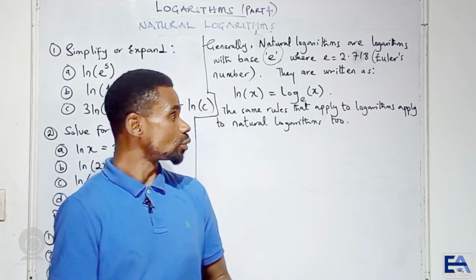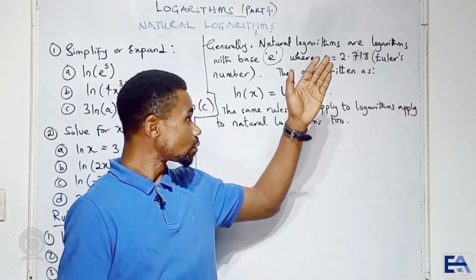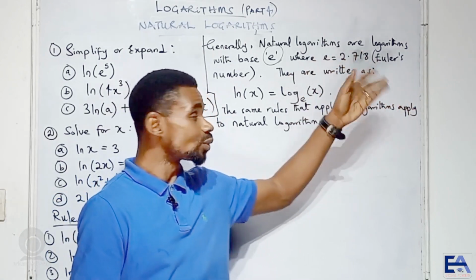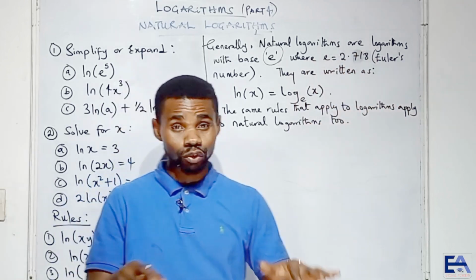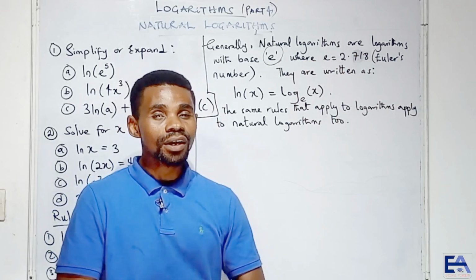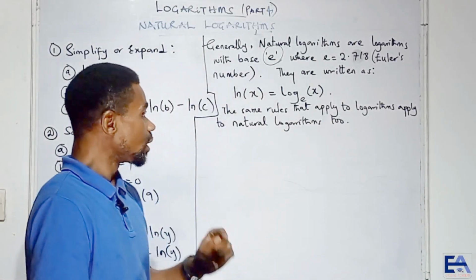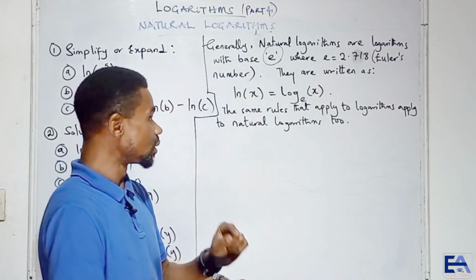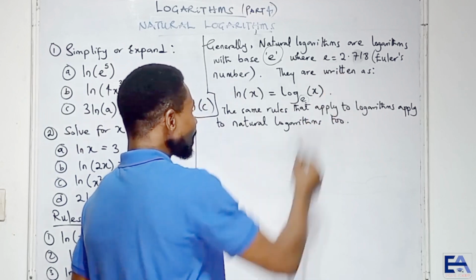In advanced level mathematics, you will learn how Euler's number came to be, but it's not the scope of this class for now. We call it natural logarithm. It is a special kind of logarithm in which the base is Euler's number.